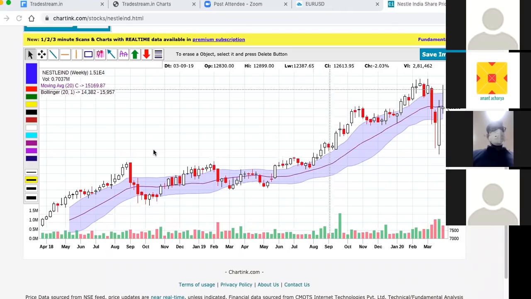If you're very good, you have experience in option writing, maybe you can do short straddles or something, because if it's consolidating, then it's probably not going to go in any one direction substantially. In fact, even if you're doing short straddles, this can be a stop loss for it. If it exits the Bollinger Band, that's probably a trend. So that's the point where you exit your straddles.